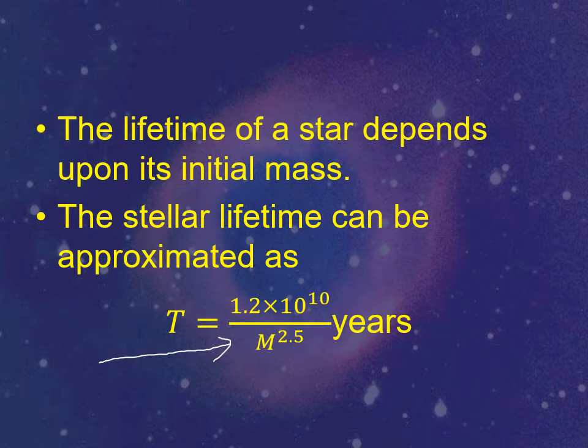That's related to the luminosity of the star. Remember the mass-luminosity relationship. That means there's an equation that lets you go from how bright a star is, the absolute magnitude, to the mass of the star. You plug the mass into this equation, and that would give you T, which is the lifetime of the star. How long can that star live?